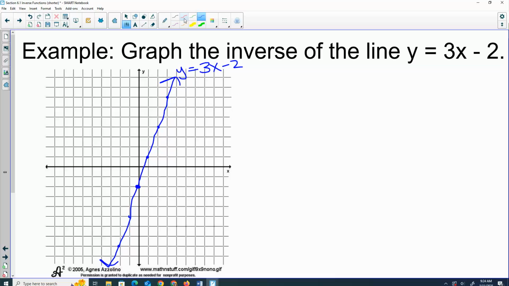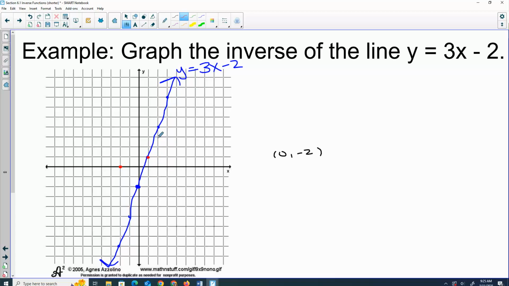If you were graphing the inverse, you could take each of these points. This is the ordered pair 0, negative 2. So what would that point become on your inverse? Negative 2, 0. This is the point 1, 1. So on the inverse, it's still 1, 1.